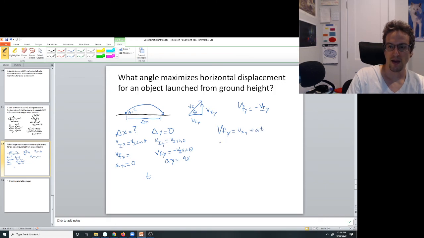It gives me negative v initial sine theta equals v initial sine theta minus 9.8 times t. Do this, t should come out that 2 v initial sine theta over 9.8 is the time. And then plug that into displacement one, or the x variables.